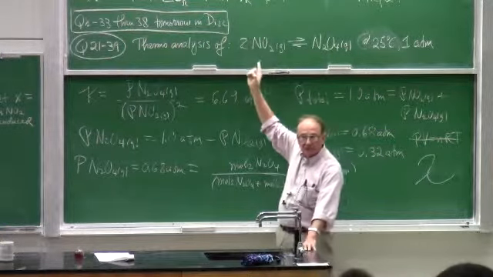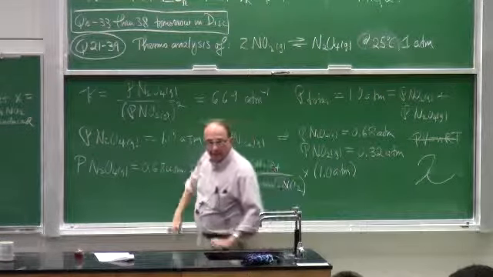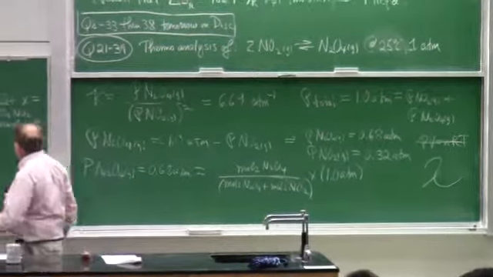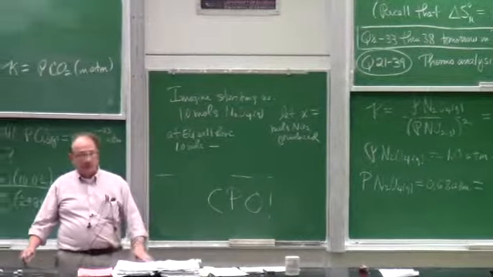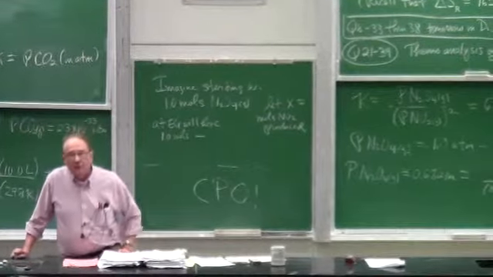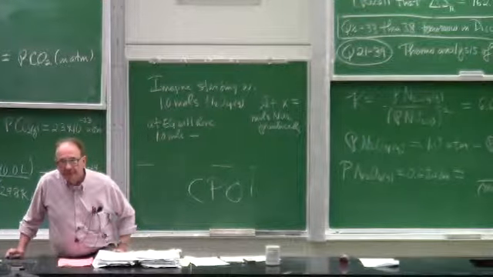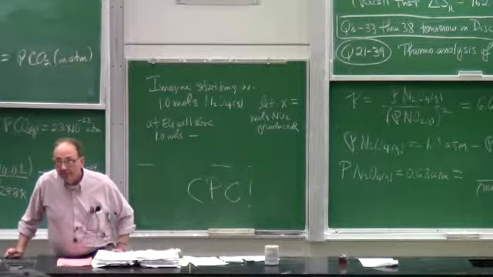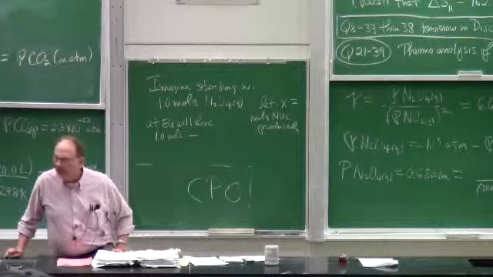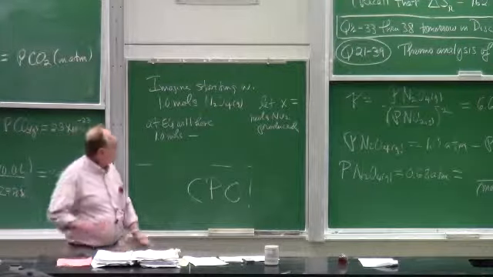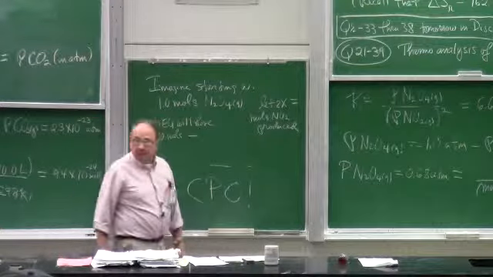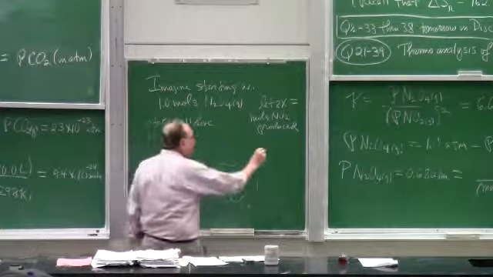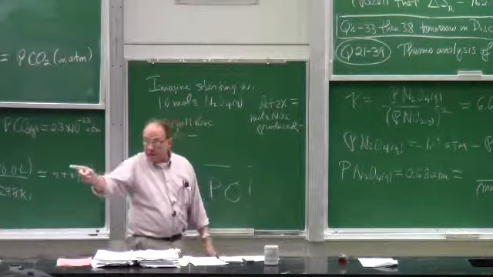I'm just letting this thing talk to us. So if X is moles of NO2 produced, how much N2O4 fell apart? X over 2. I don't like X over 2. So I'm going to say let 2X equal moles NO2 produced. Then, there's nothing wrong with what you said.